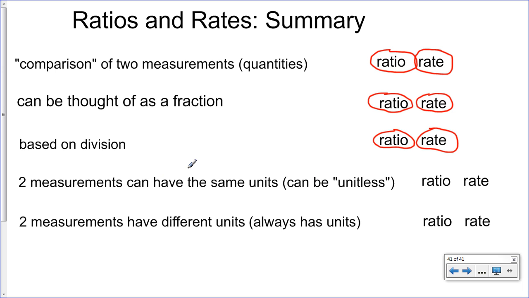Now, the two measurements can have the same units. In other words, can a ratio be unitless, or can a rate be unitless, without units? And the answer is that only a ratio can be unitless. A rate cannot be unitless, because the measurements that a rate compares always have different units.